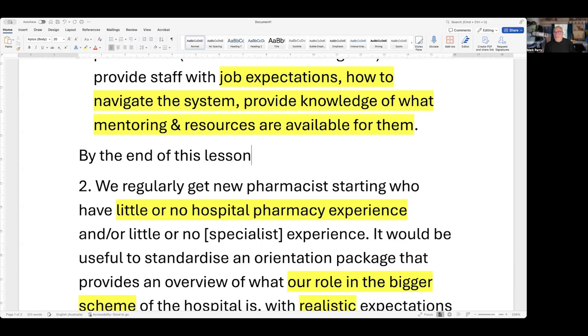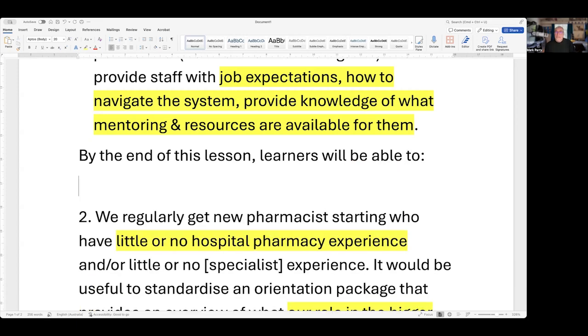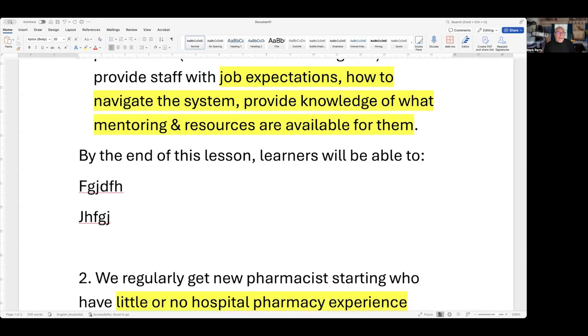We'll just say lesson. It could be a module, a unit, a topic, piece of learning, workshop. Learners will be able to. If you're already in learning and teaching territory, you would understand this kind of stem of a sentence. We're basically setting up that the next word I'm going to type is going to be a bullet point, and it's going to start with a verb.